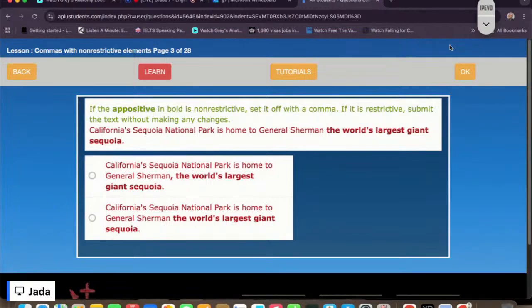Okay. All right, so California's Sequoia National Park is home to General Sherman, the world's largest giant sequoia.